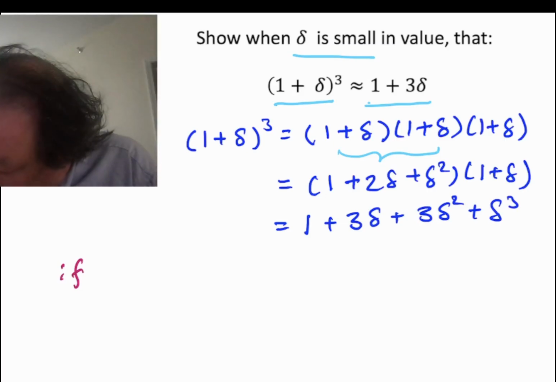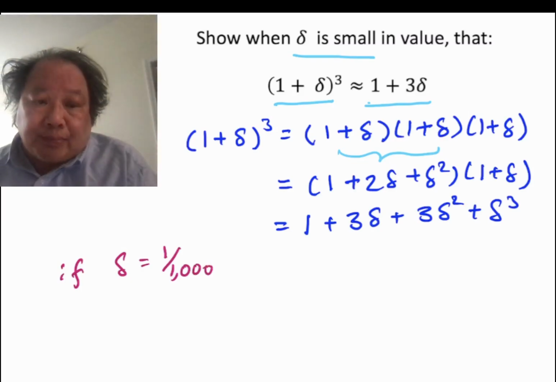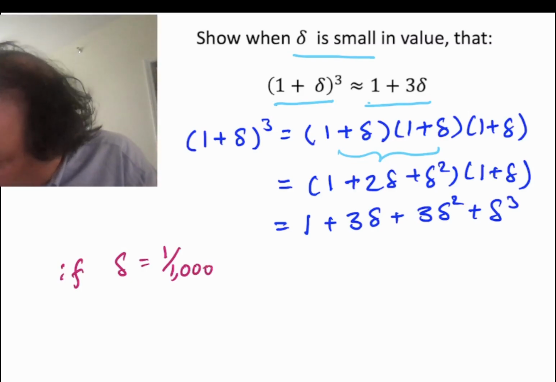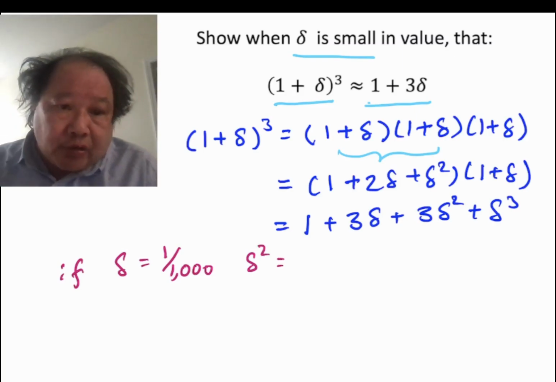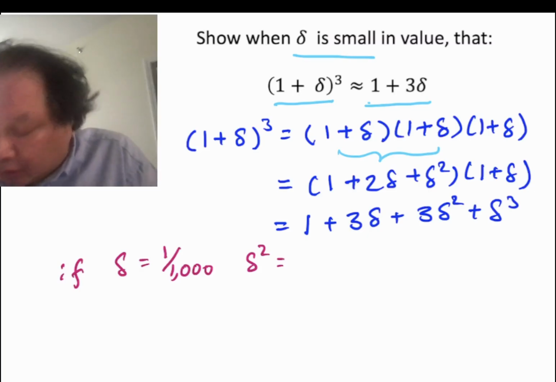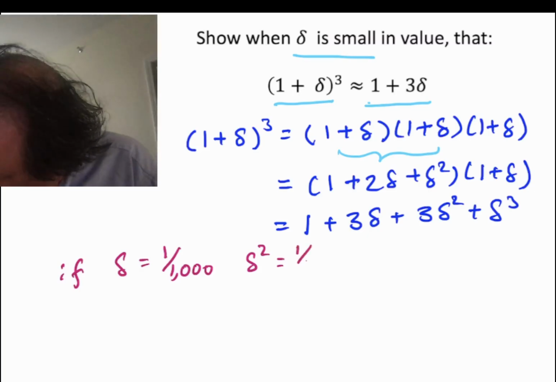If delta, for example, was 1 part per thousand, that's a small number, then delta squared would be delta times delta, which is 1 over 1,000 times 1 over 1,000, which is 1 over a million.